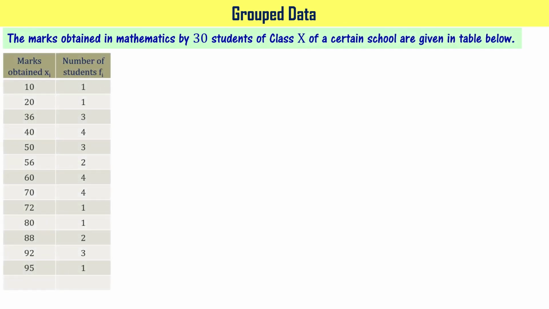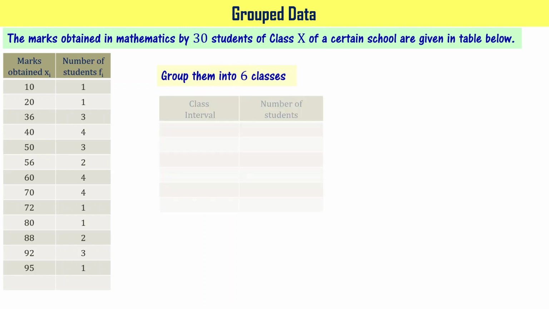Let us now learn about group data. We have seen this, the marks obtained in mathematics by 30 students of 10th class, right? Here, I want to group them into 6 classes. I'm here introducing terminology that is called class interval.